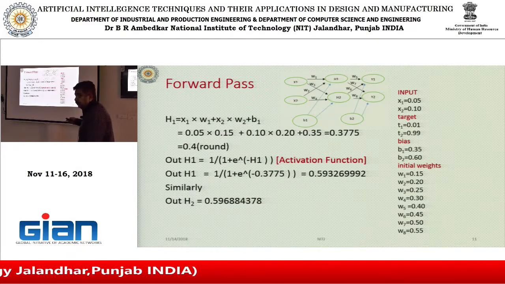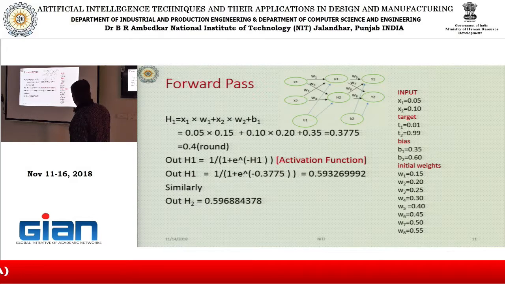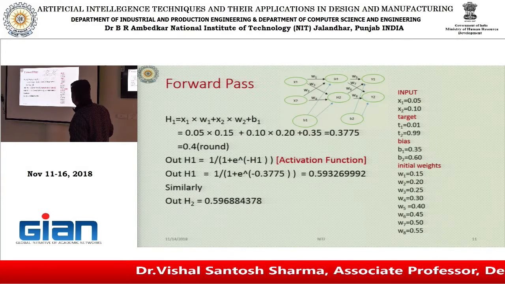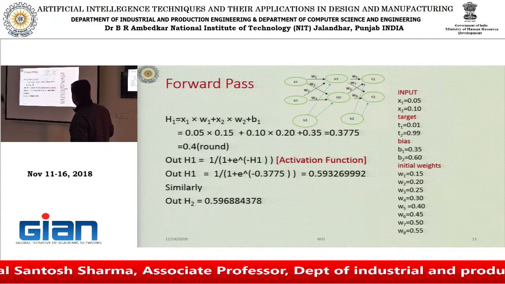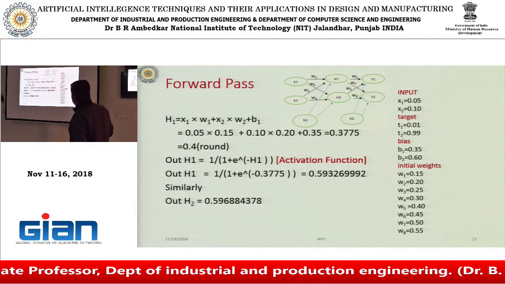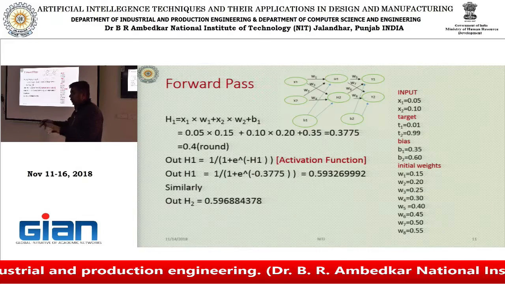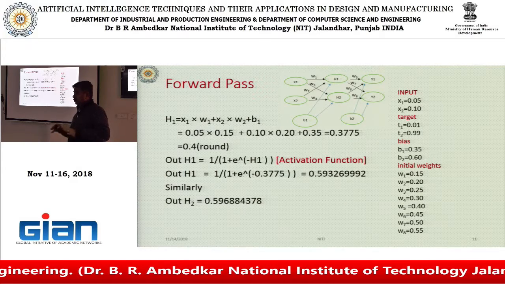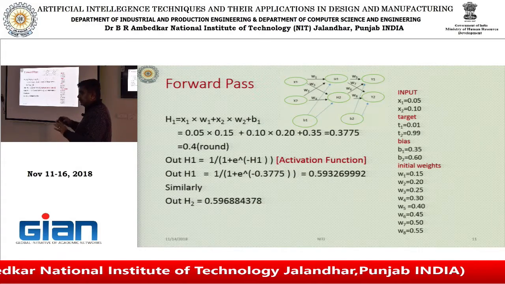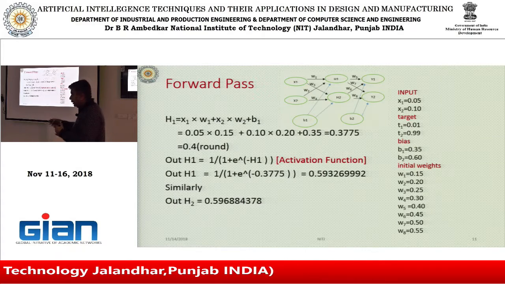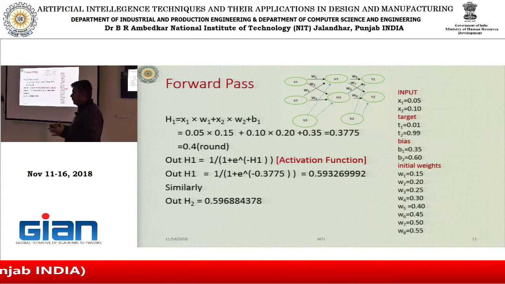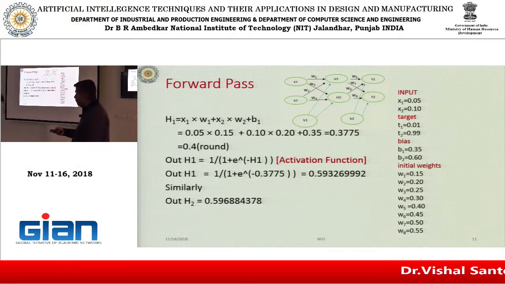So h1 you have calculated, and now you will place h1 here, so you get the output. Now I'm taking the values. Input x1 is 0.05, x2 is 0.10, and the targets are 0.01 and 0.99. Input and output are known to me. First step is to initialize the weights and biases, which is done at random.